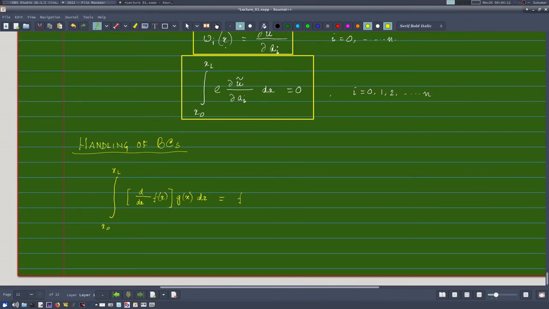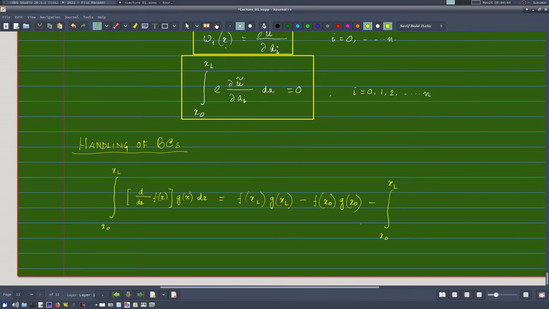That means f of xL into z of xL minus f of x naught into z of x naught, minus integration of same domain x naught to xL.